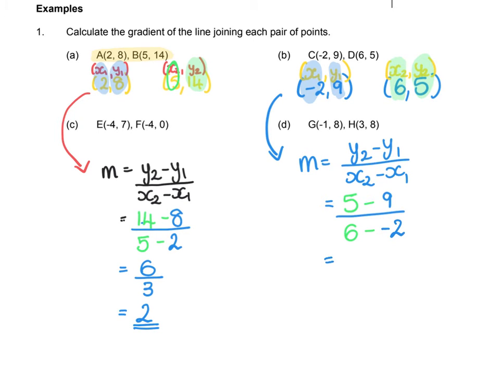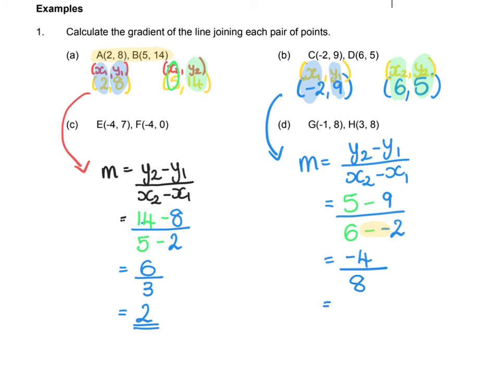Okay, so on the top, 5 take away 9 makes -4. On the bottom, we need to remember that minus minus makes a plus. 6 plus 2 on the bottom, that makes 8.